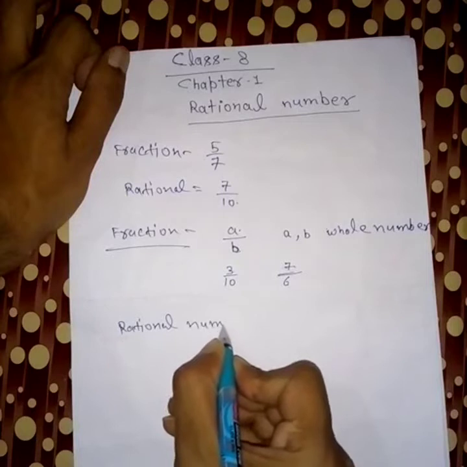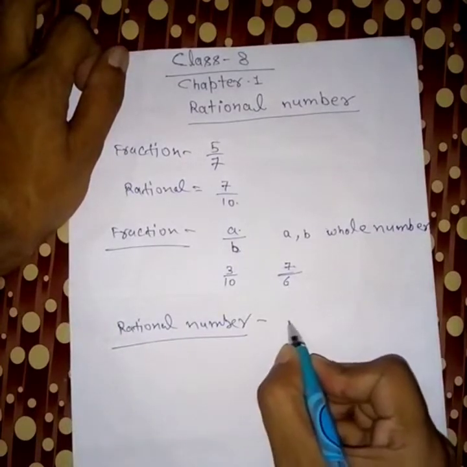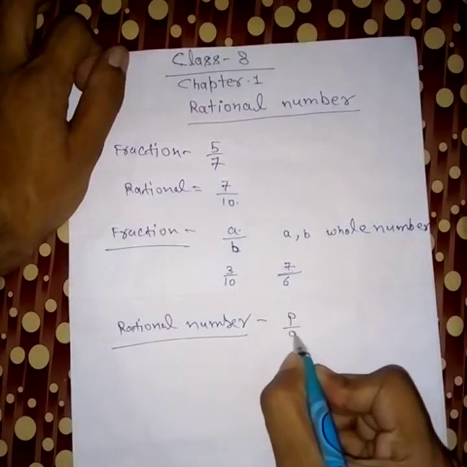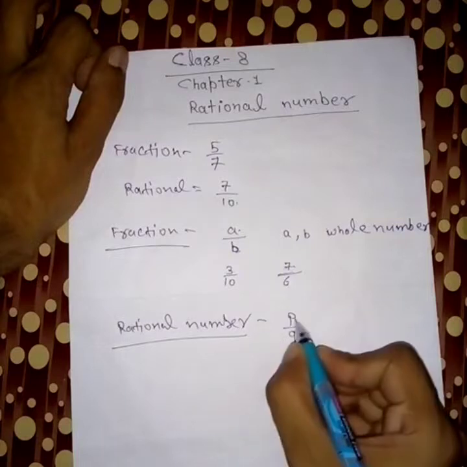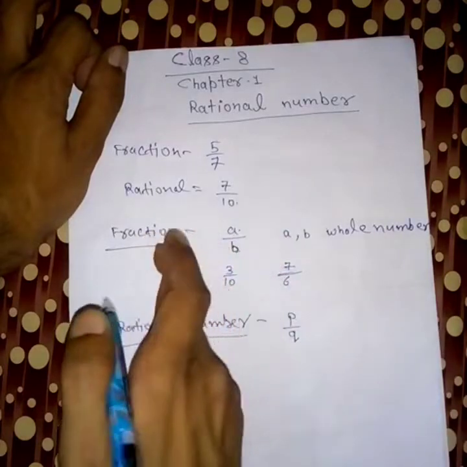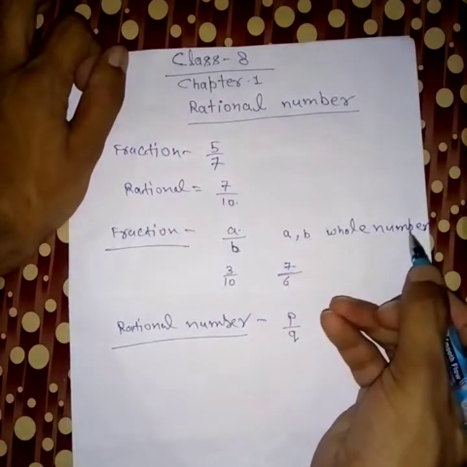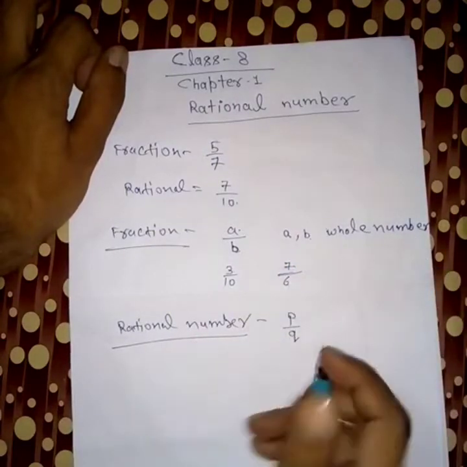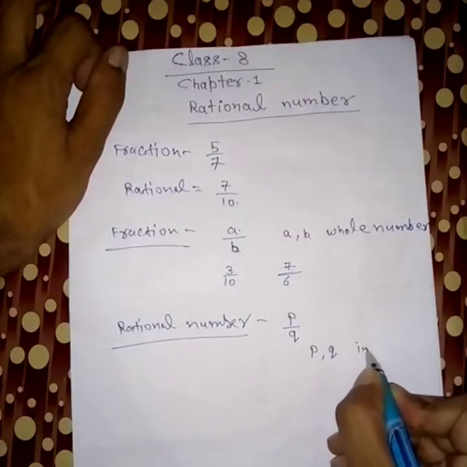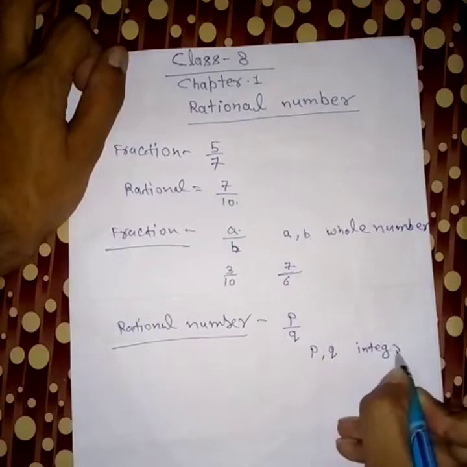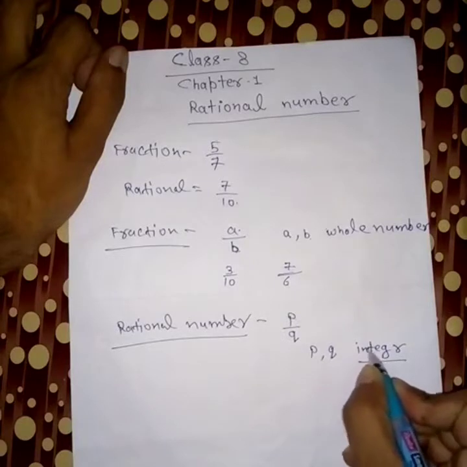Rational number. A rational number is generally shown in the form of p upon q. And the difference between fraction and rational number is, here a and b must be whole numbers, but in the case of rational numbers, p and q must be integers. What do we mean when we say integer?